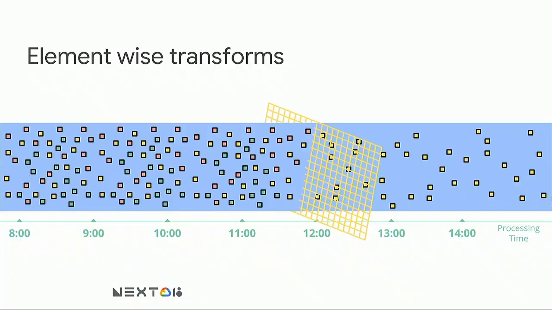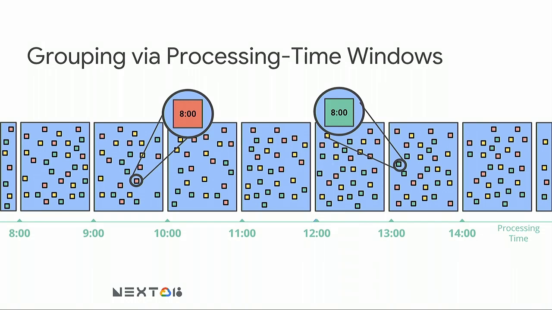Now, if we were doing element-wise transforms, such as just filtering out for the yellow records here, that's relatively simple. We don't care about processing time or event time. It's easy because it's a continuous transform. But when we get to grouping data via processing time windows, so let's say we want to do an aggregation.